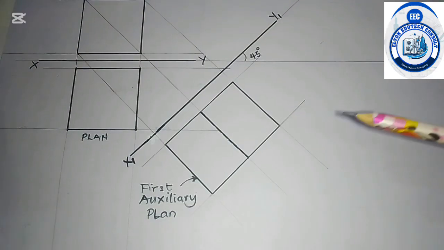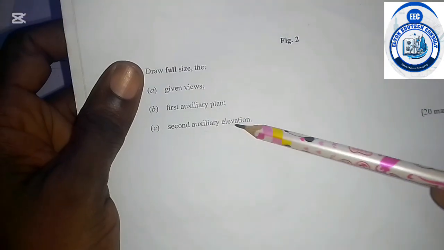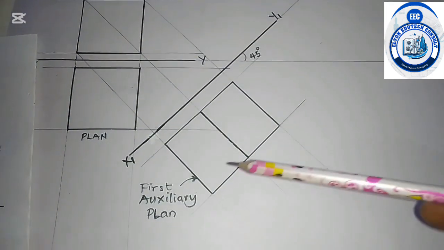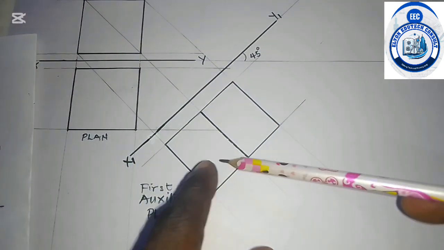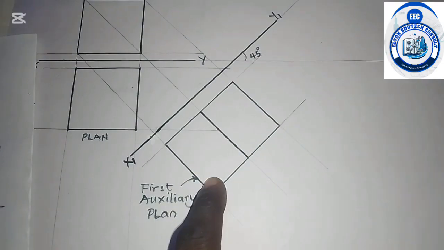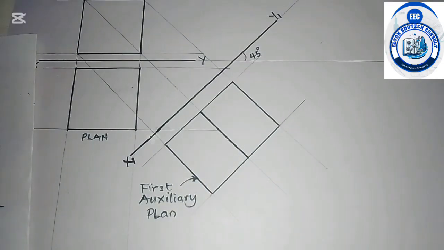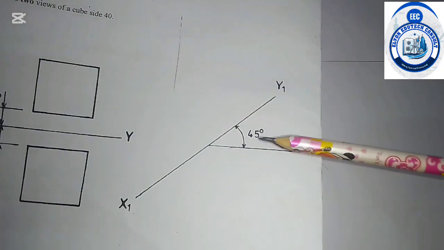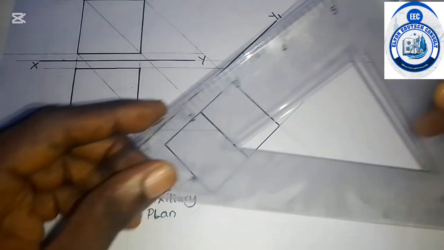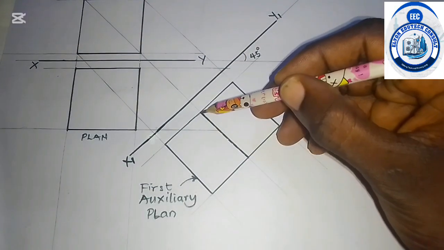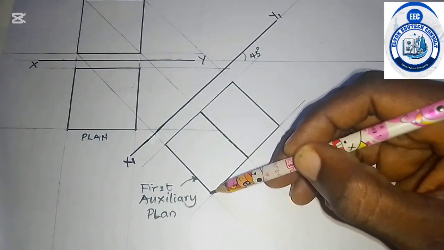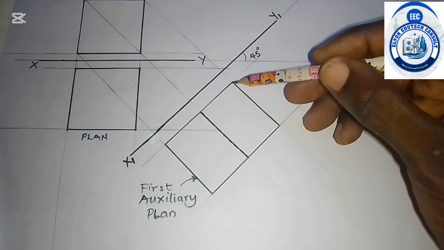Now if we are to draw the second auxiliary elevation, we produce that from the first auxiliary plan that we have drawn, and we are using the 45-degree angle because that is the angle given to us. At each of these points of the first auxiliary plan, I'm going to be projecting at angle 45. I'll project out like this.